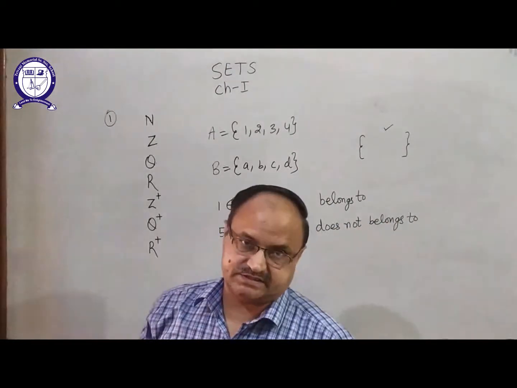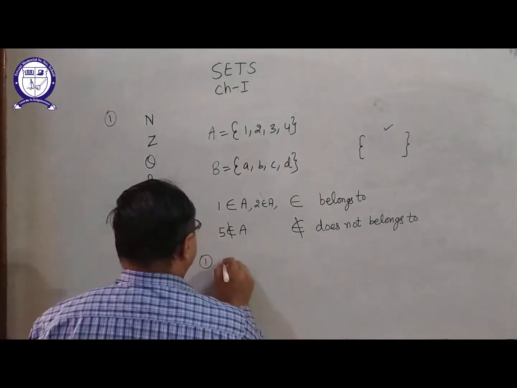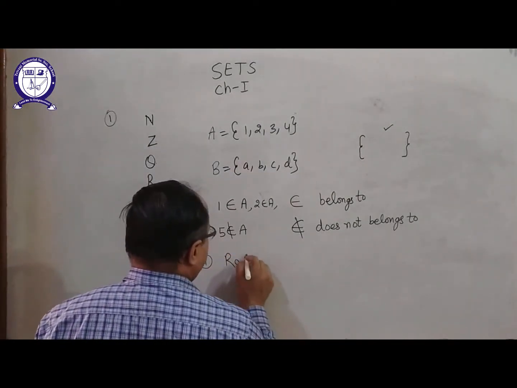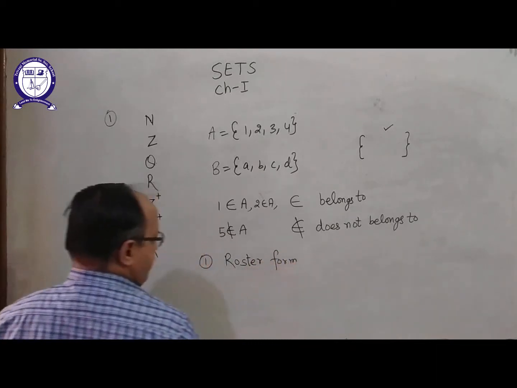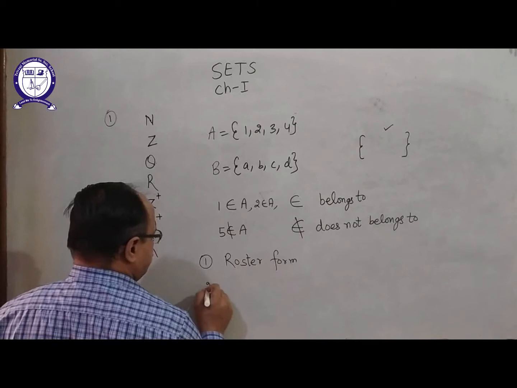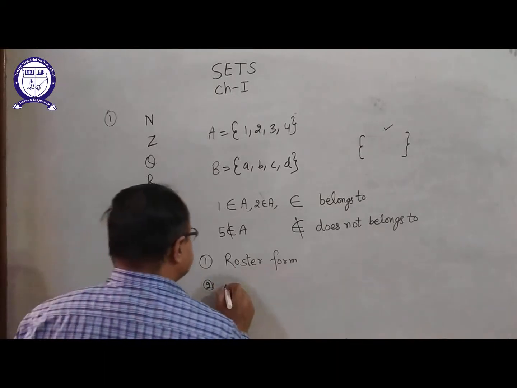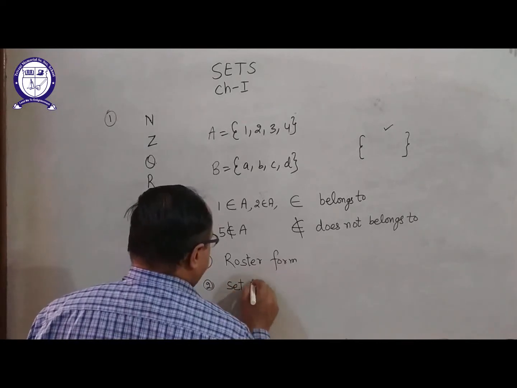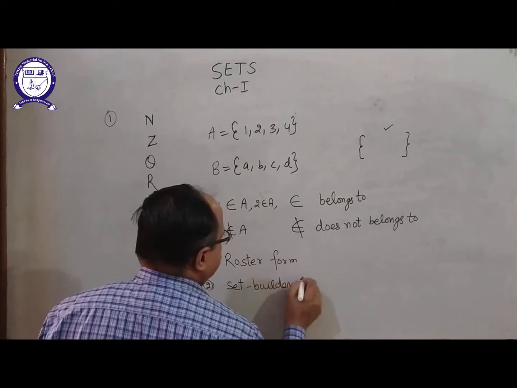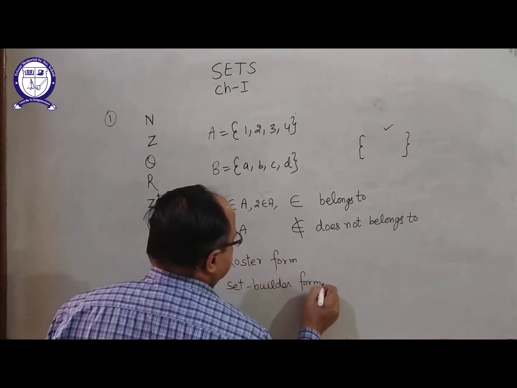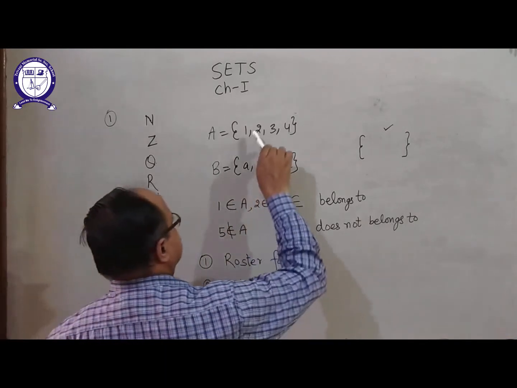There are two types of sets. First, roster form, another name of which is tabular form, and the second is set builder form. Roster form: this is the roster form.